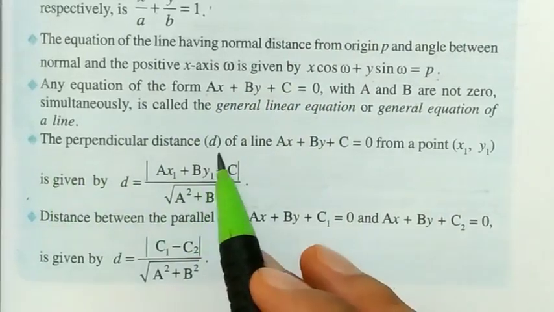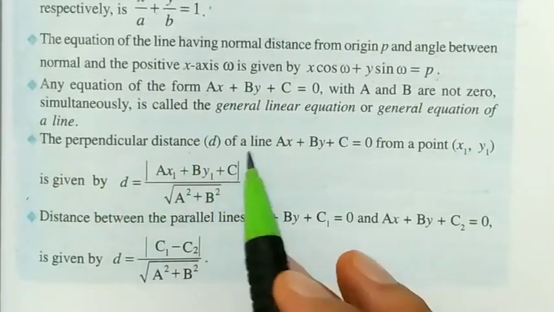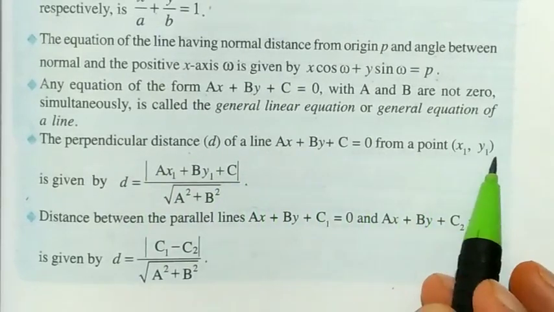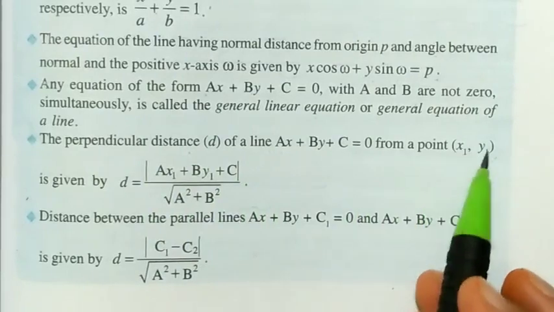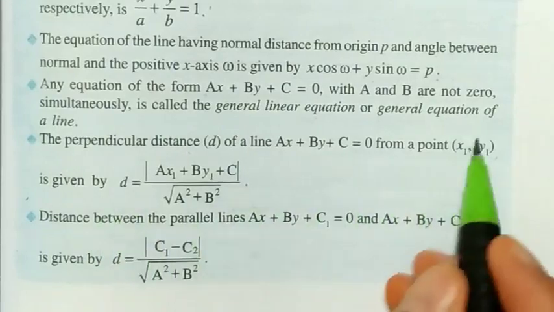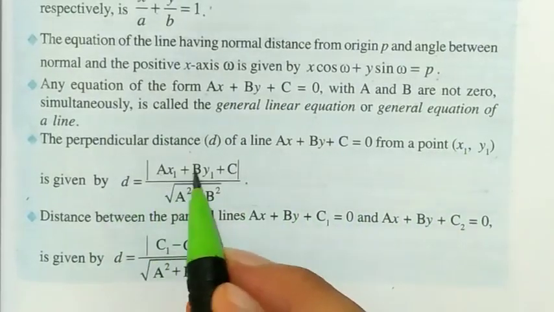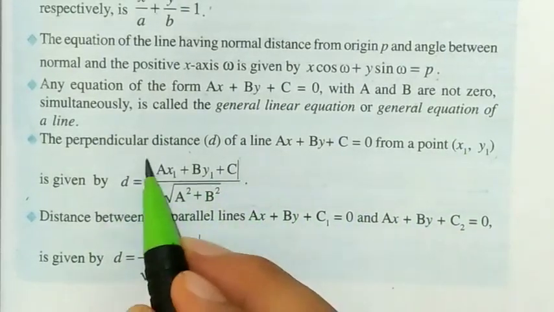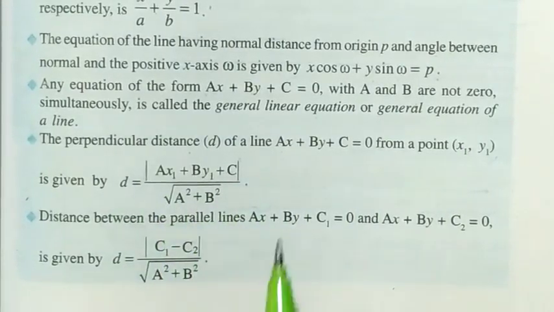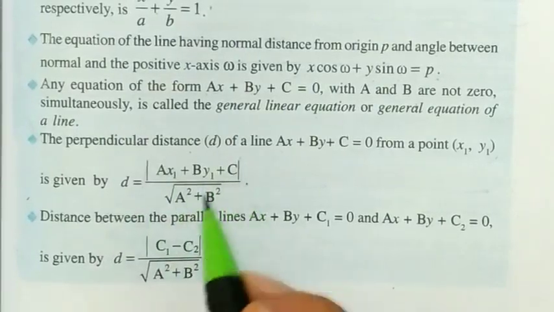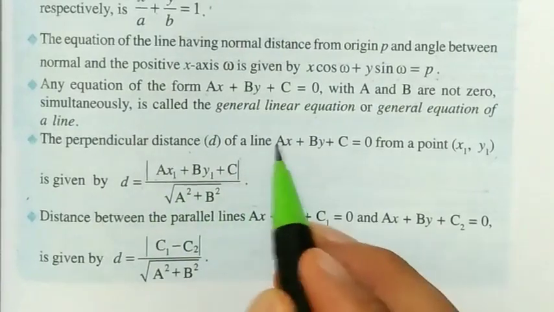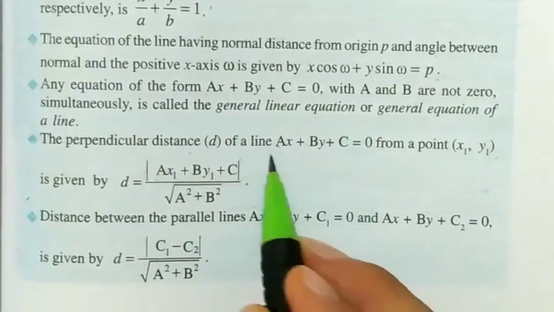The perpendicular distance d of the line ax plus by plus c equal to 0 from a point x1, y1: if any point x1, y1 is given and we have to find the perpendicular distance from this line, it is given by the absolute value of ax1 plus by1 plus c, divided by the root of a square plus b square. This is a numerical value, because x1, y1 are points and a, b, c are constants, coefficients.